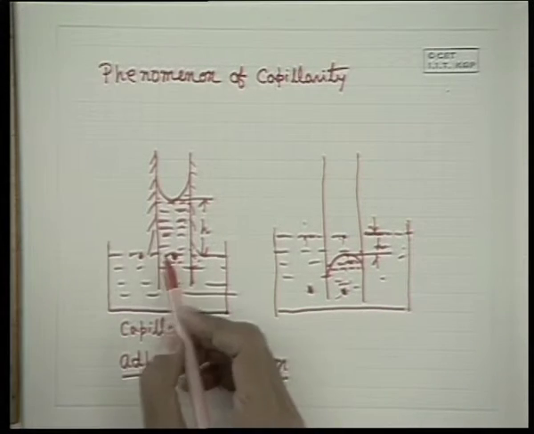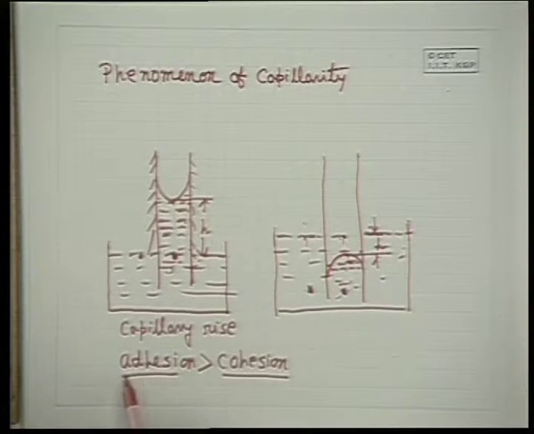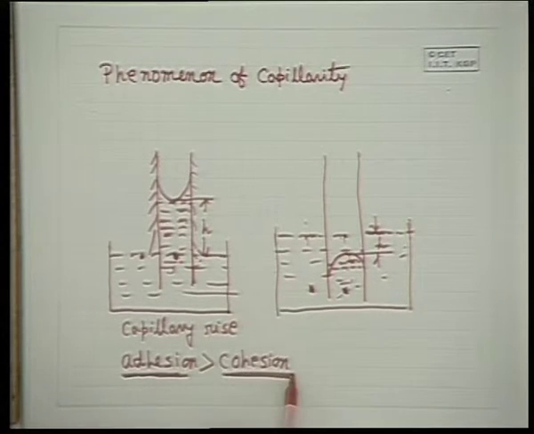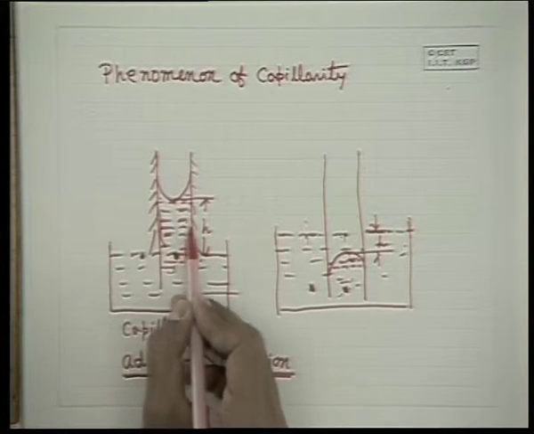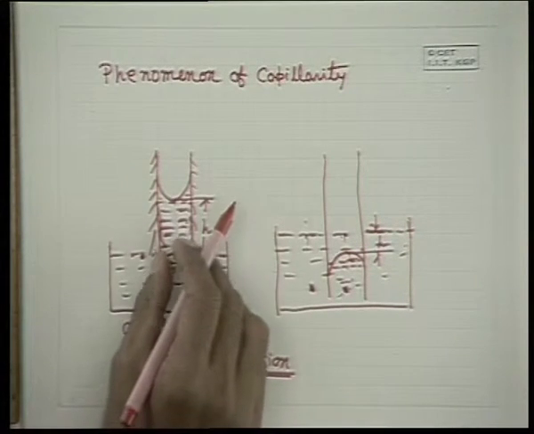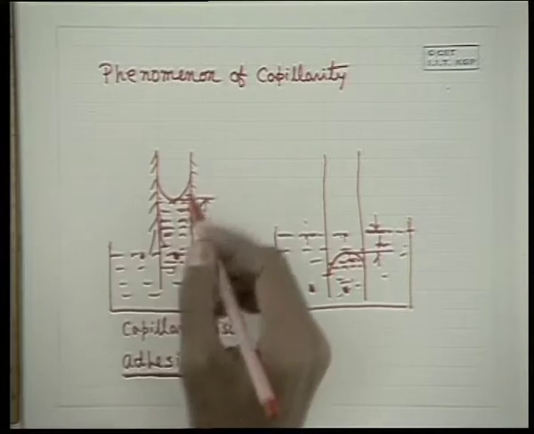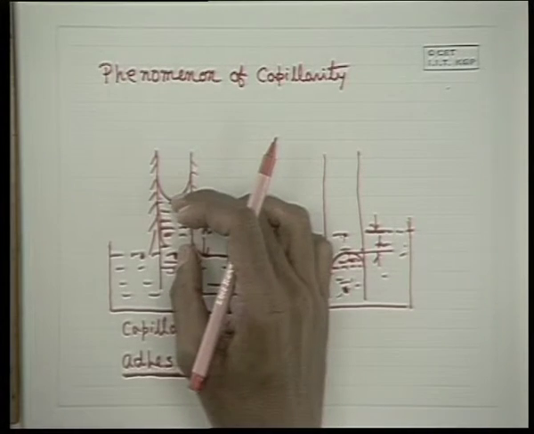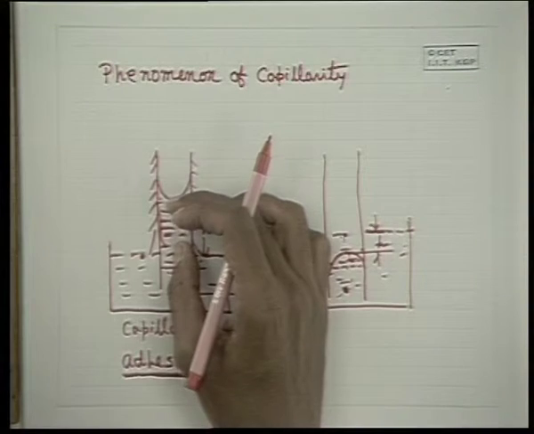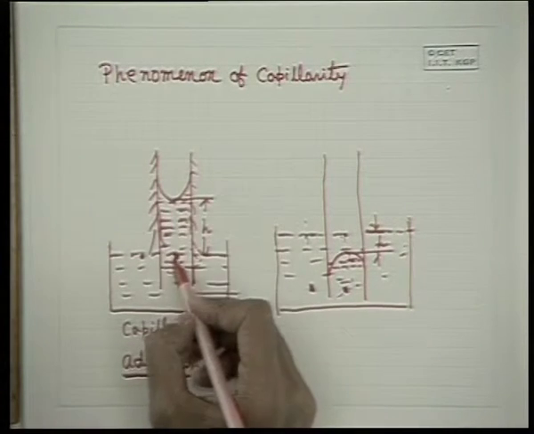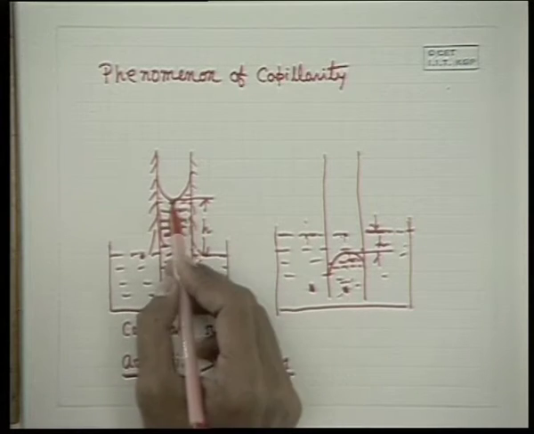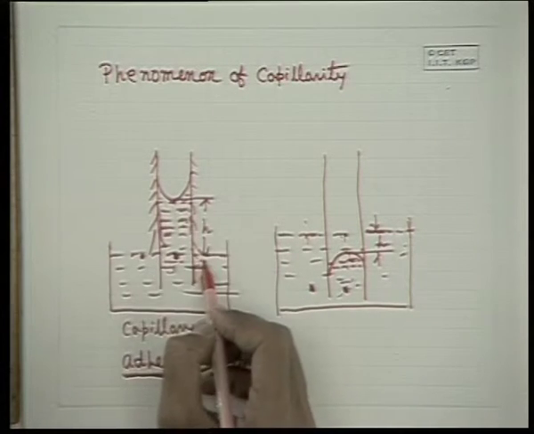What happens physically, let me explain. Because adhesion is more than cohesion, the liquid particles are dragged along the solid surface, by virtue of which the liquid is pulled. Depending upon the surface tension force, the amount of liquid raised will be maintained. Let us consider this amount of liquid raised up to the height h.